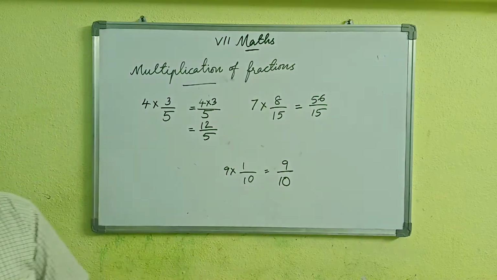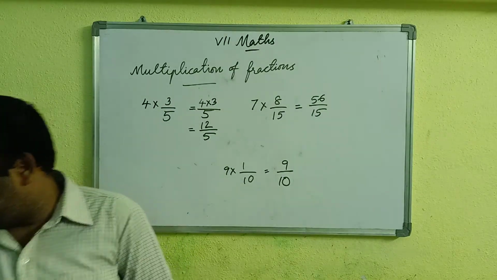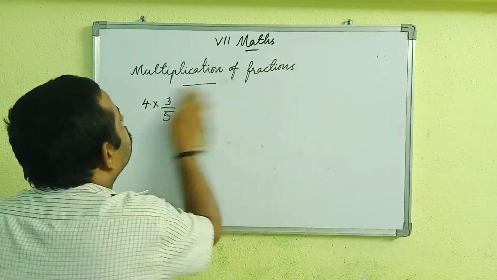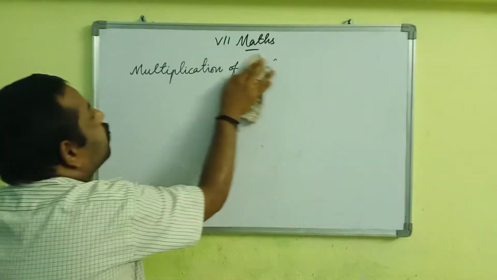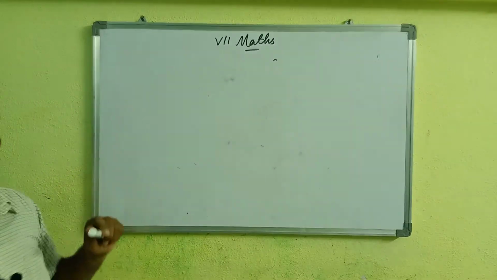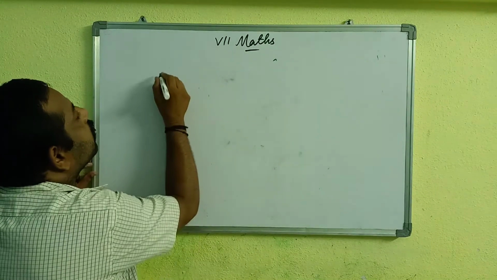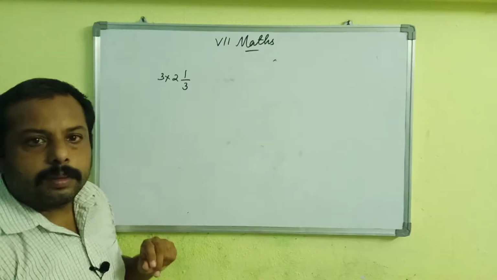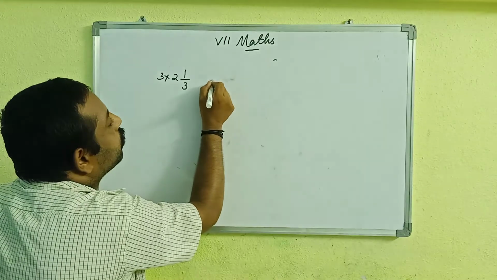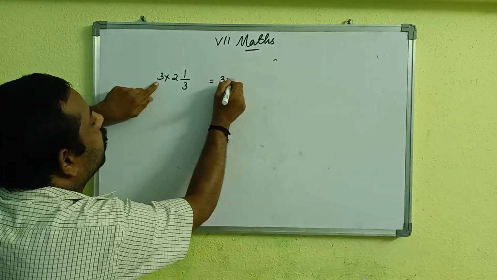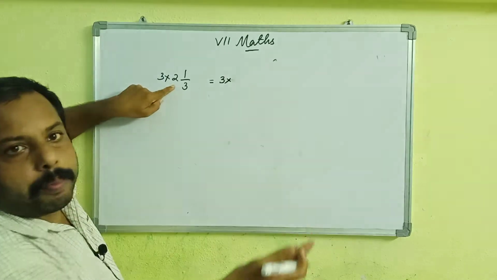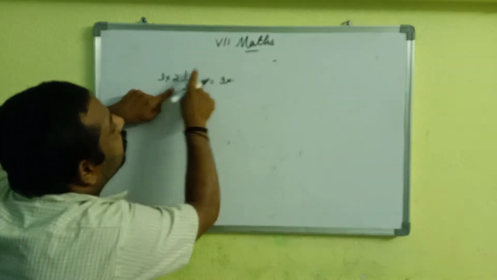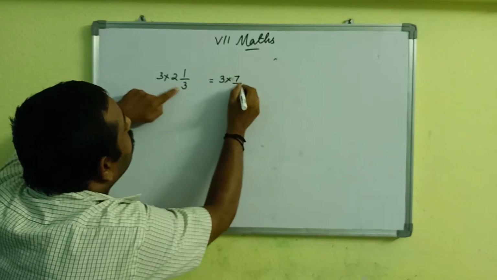Okay. 3 multiplied by 2 1 by 3. It is equal to, you will multiply 3 by, convert it into improper fraction. 3 2s are 6. 6 plus 1, 7 by 3.